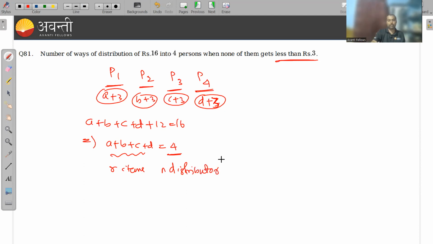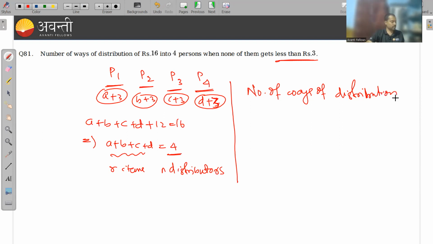What is the formula? The formula is to find the number of ways of distribution, distributions for non-negative integers.